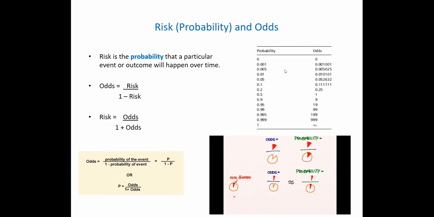When the probability is very small, the value of odds is close to that of probability. But as the probability becomes bigger, the odds becomes bigger than that of risk, until probability is approaching 1, and the odds will be approaching infinity.